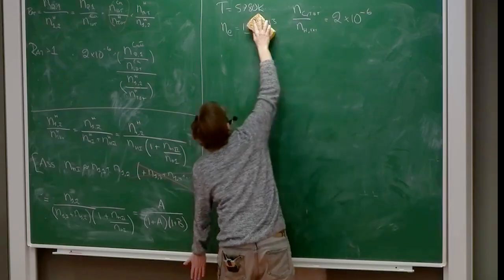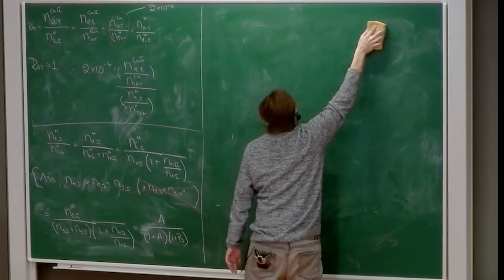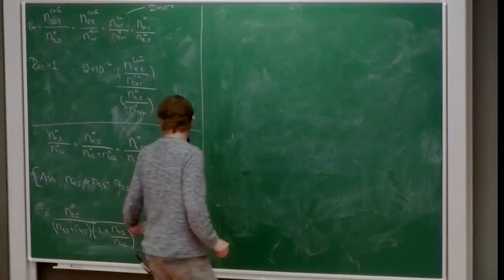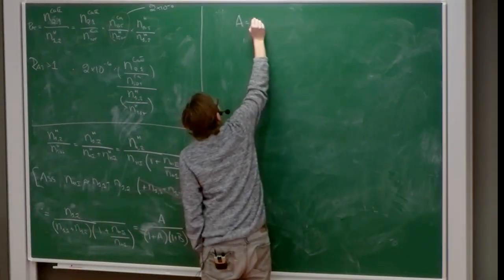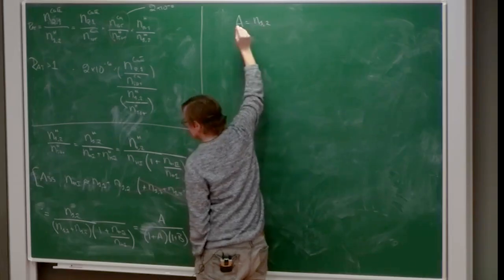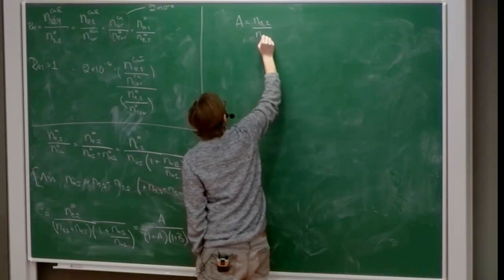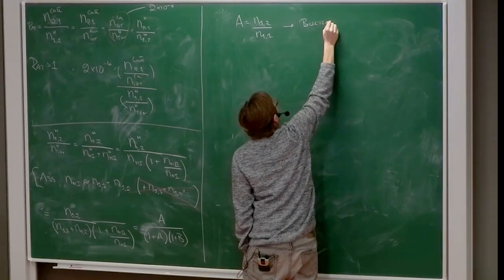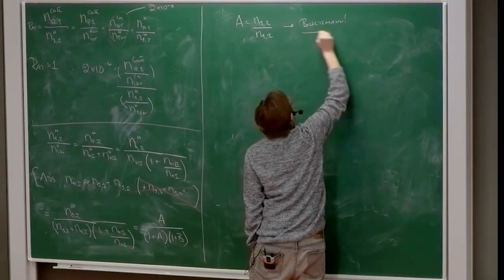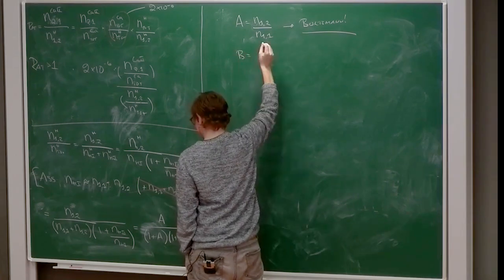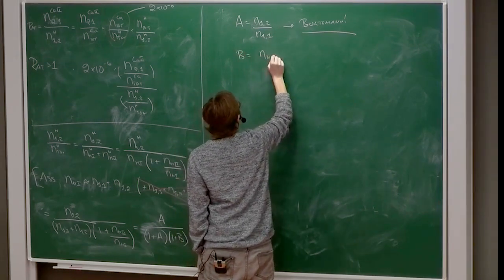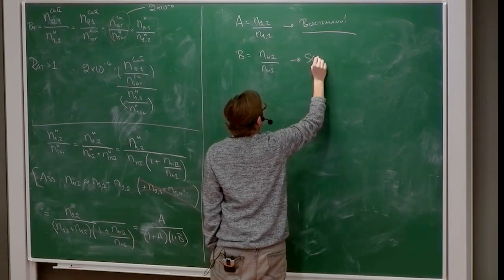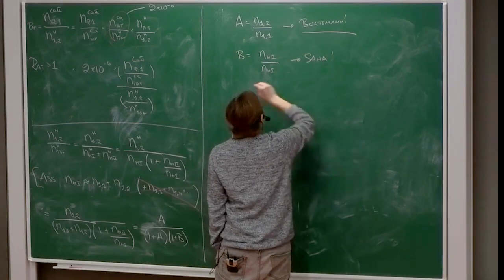And hopefully the reason why I've taken out those fractions is already clear to you, because A is N_{12} divided by N_{11}. That's just our Boltzmann. And B here is N_{H2} ionized over N_{H1}. That's just our Saha. Okay?